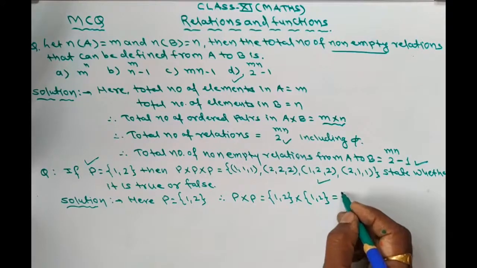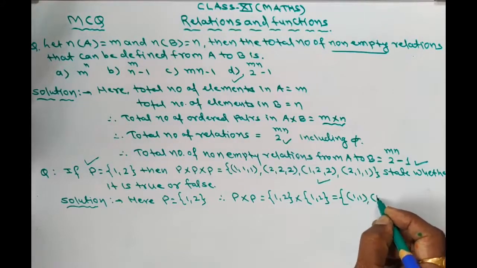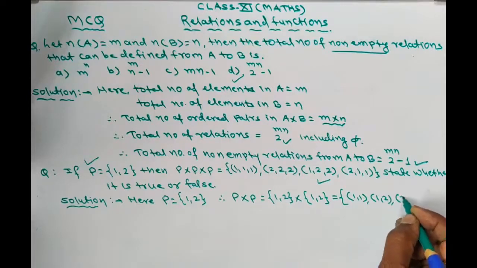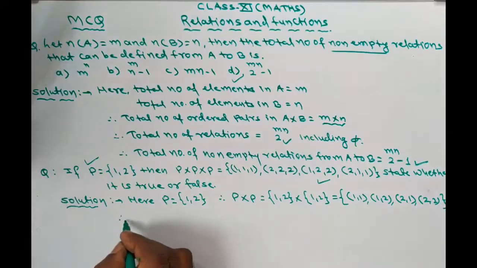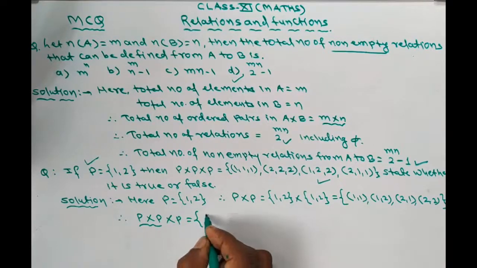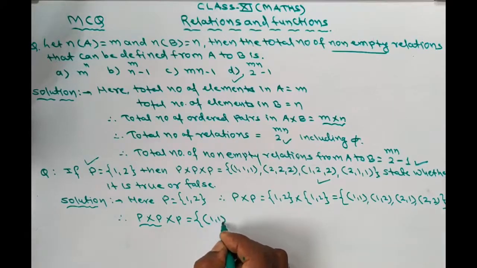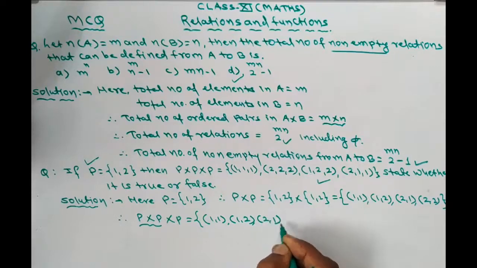So that is (1,1), (1,2), (2,1) and (2,2). Okay, this is p cross p. Therefore p cross p cross p again. So here in p cross p there are 4 ordered pairs: (1,1), (1,2), (2,1) and (2,2).